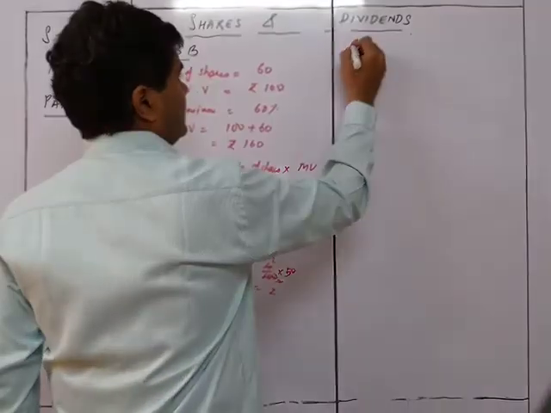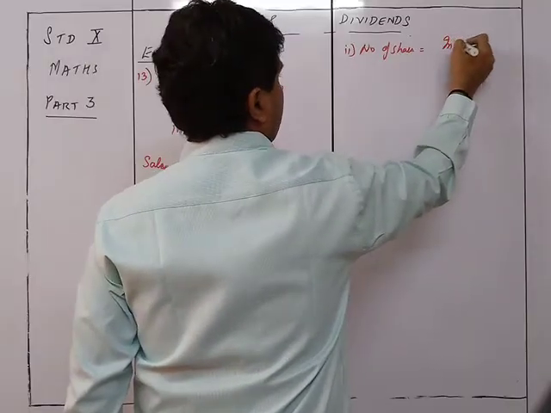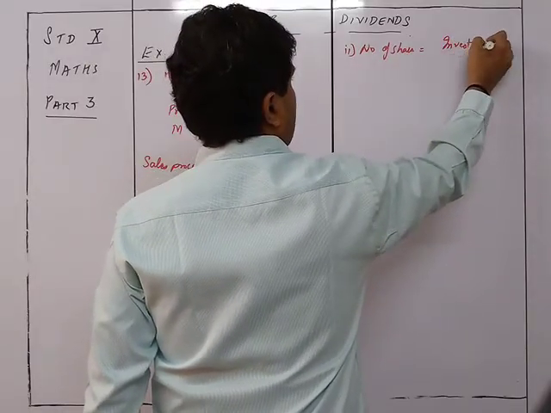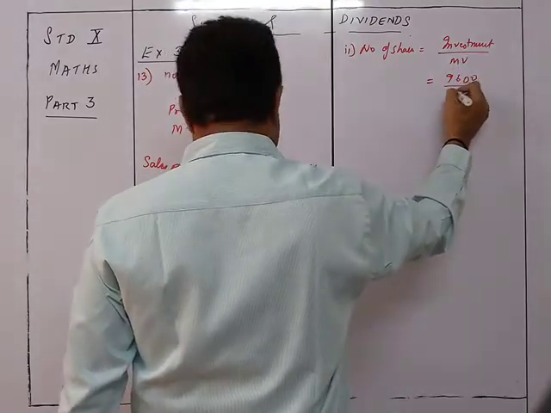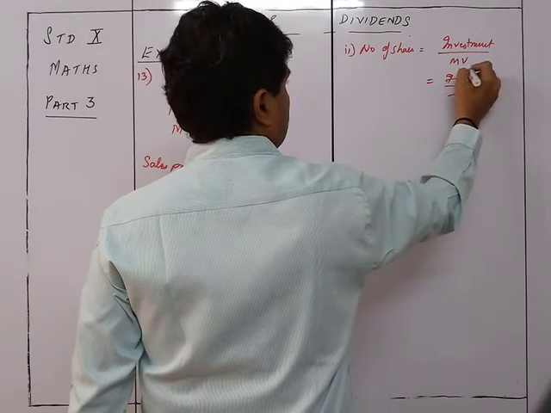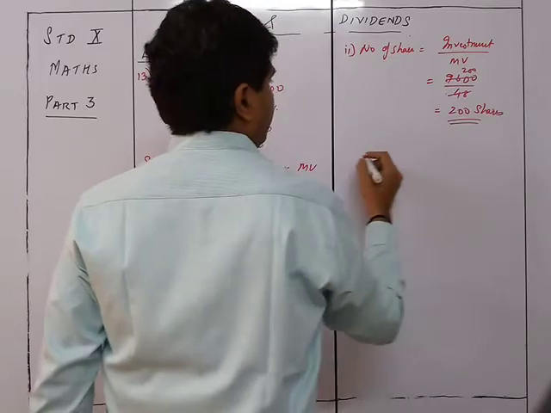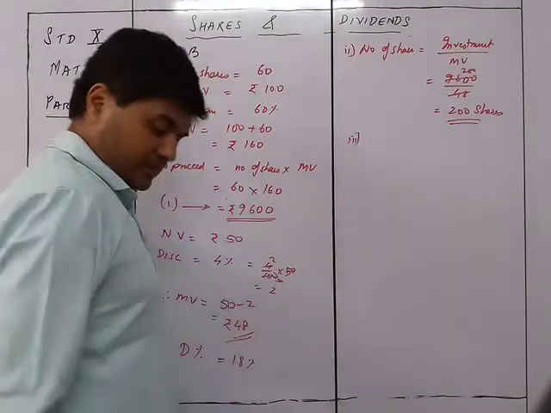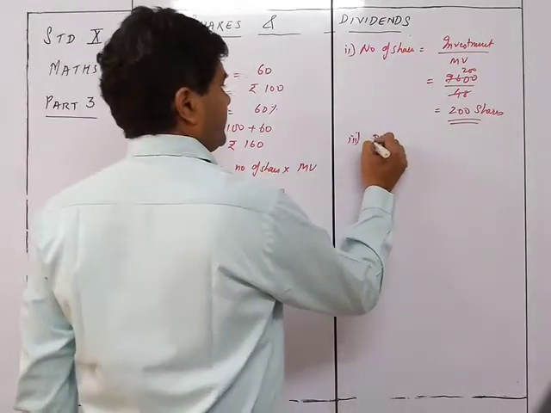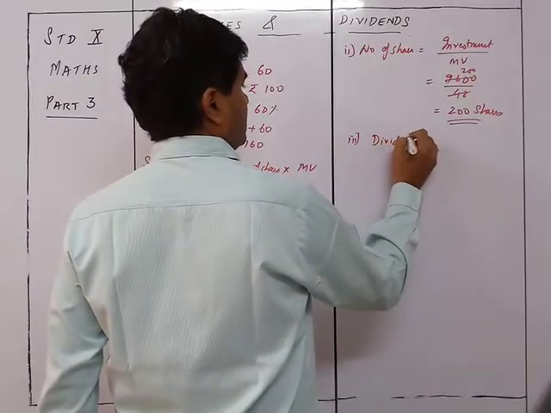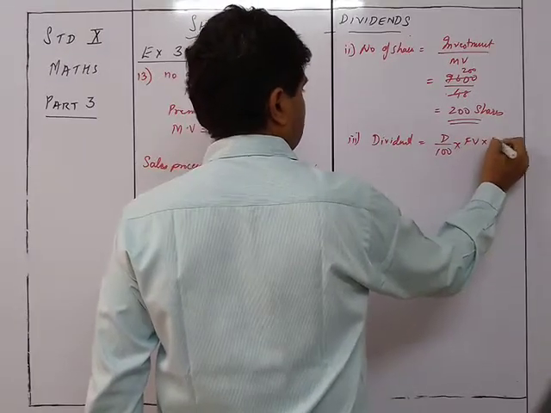Number of shares he can buy. So second answer: number of shares is equal to investment upon MV, is 9600 upon MV 48. So it's 200 shares, is the answer for the second part. The third part is the dividend from the shares. So now dividend is equal to dividend percent upon 100 into FV into number of shares.